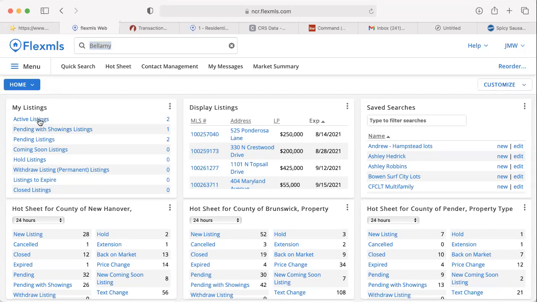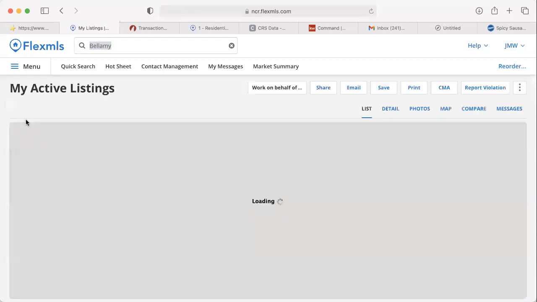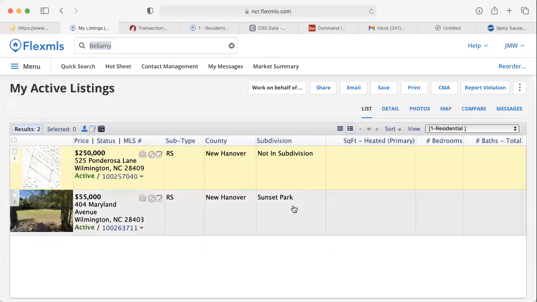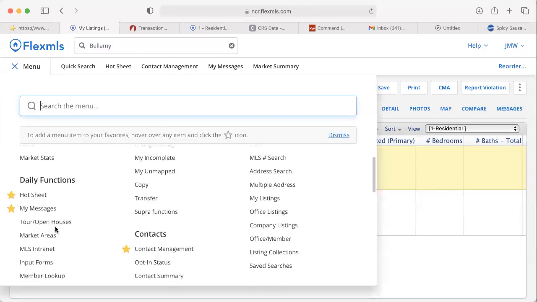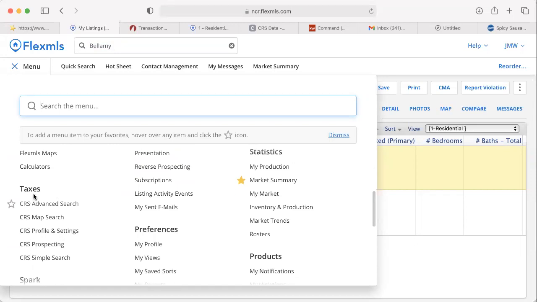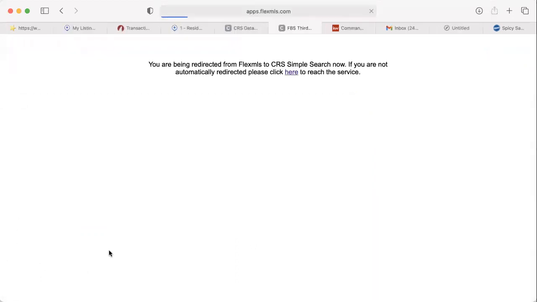So if I would go to any listing here, can you all see the screen for the Flex? Or is it still on the? No, I can see the Flex. Okay. Sometimes for some reason, it doesn't work. So I would go here to a listing, or I would go here to my menu and scroll down to taxes and select CRS simple search.